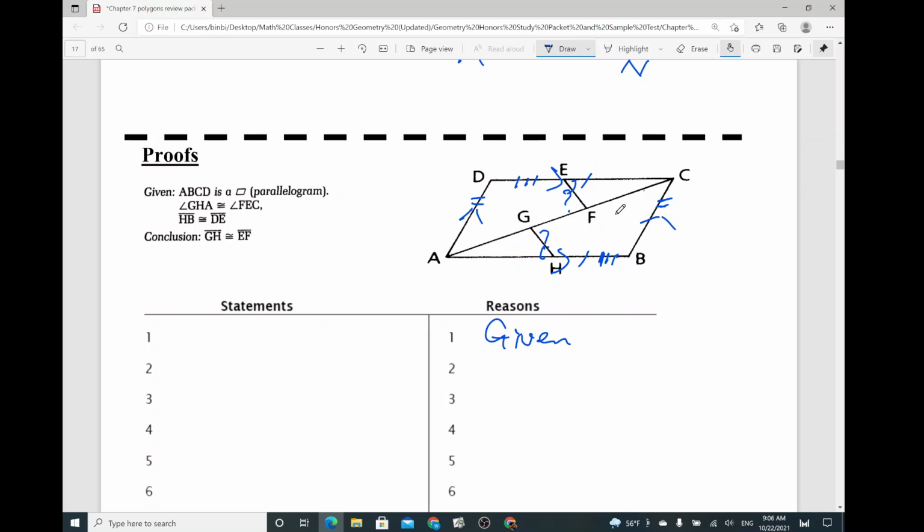In order to prove these two triangles congruent, we already know that DE is congruent to HB. And also, in a parallelogram, the opposite line segments have to be congruent.